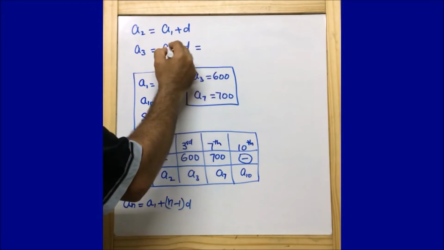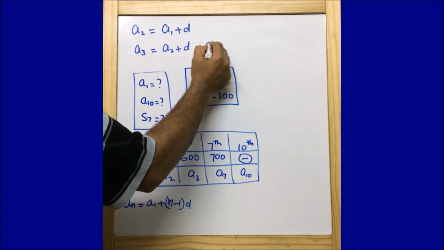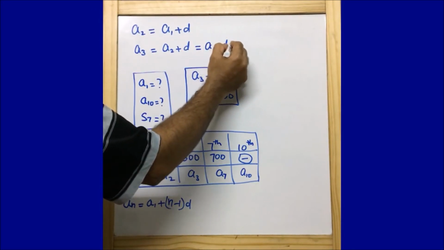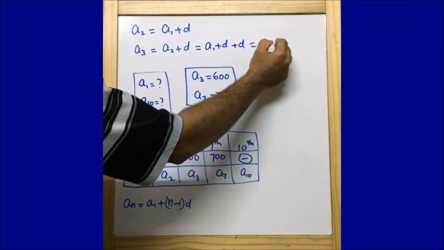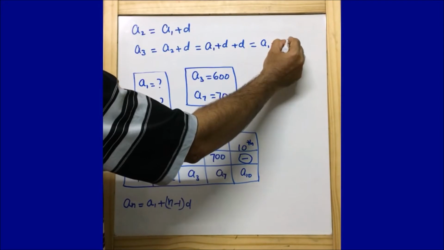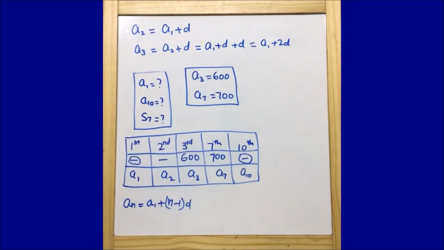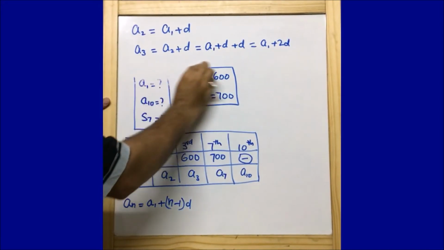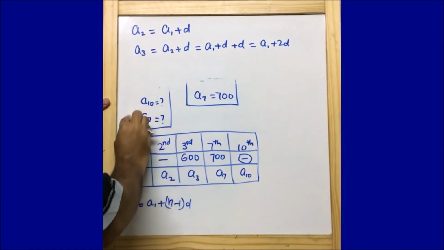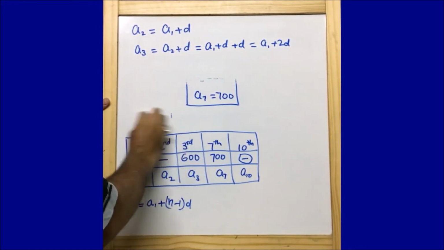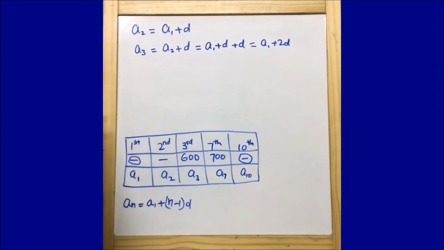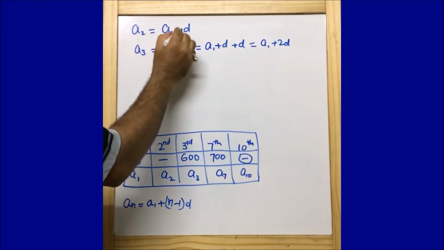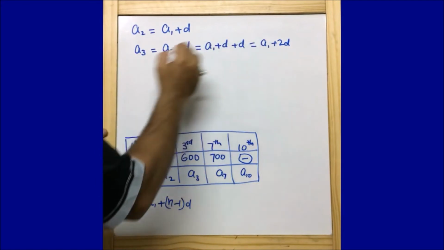Replacing the value of a2 with a1 plus d, again plus d, that is equal to a1 plus 2d. Guys, just look at the logic here. When it is a2, we are getting a1 plus d. When it is a3, we are getting a1 plus 2d. That means when it is 2, here it is 1d. When it is 3, here it is 2d.